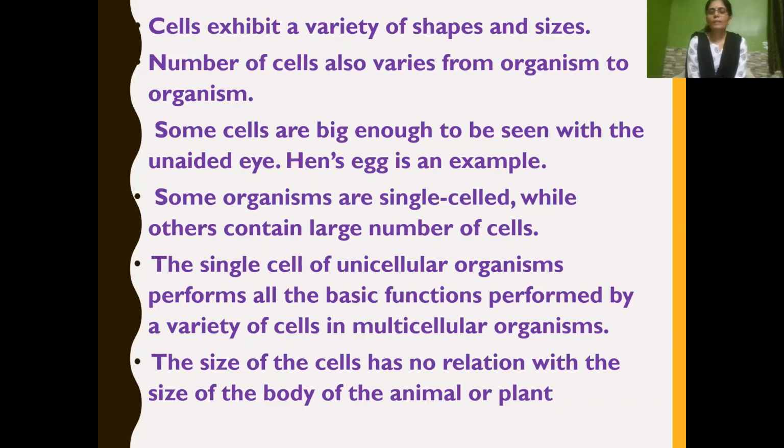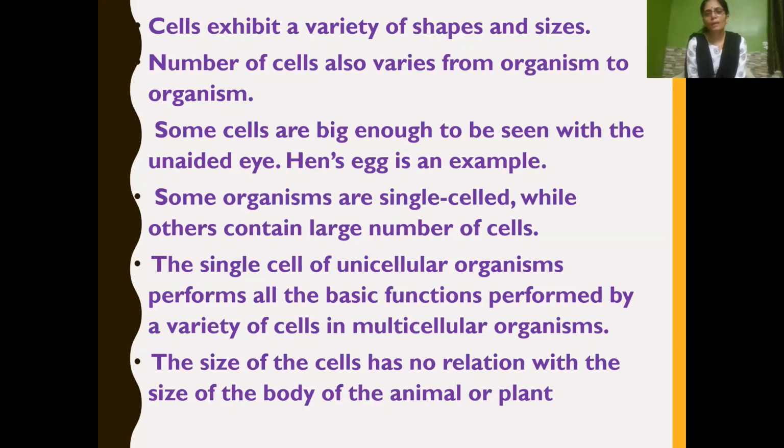Cells exhibit a variety of shapes and sizes. The number of cells also varies from organism to organism. Some cells are big enough to be seen with our naked or unaided eye, for example, a hen's egg. Some organisms are single celled, that is, they are made up of only one cell. We call them unicellular organisms, and some organisms are made up of many cells.